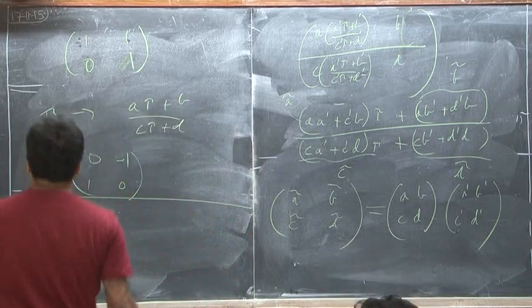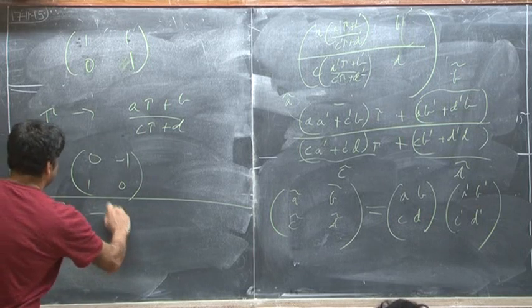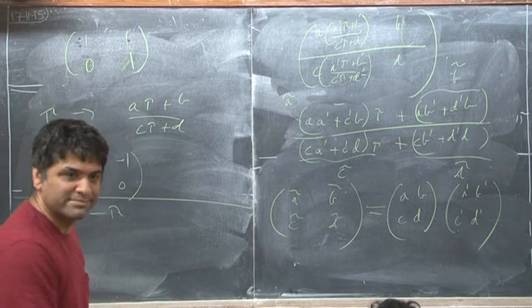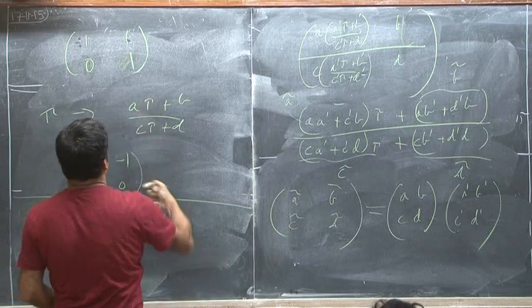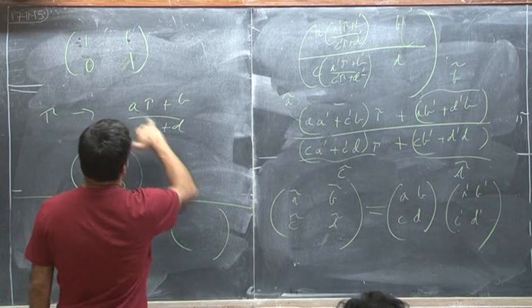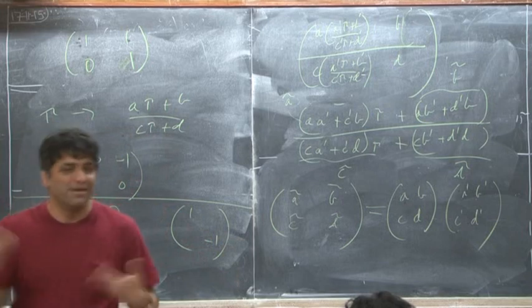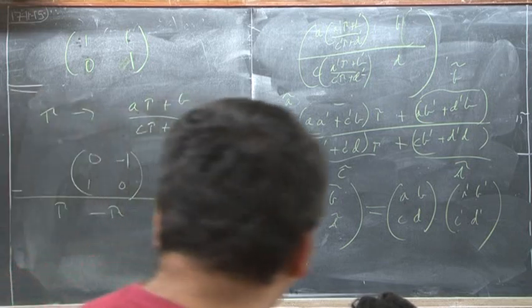Mod Z2, yes. Now, this mod Z2 is basically the following thing: tau and minus tau generate the center. If you want to mod out by, for instance, 1 minus 1, this would be one of the elements you could mod out by, which would just take tau to minus tau.